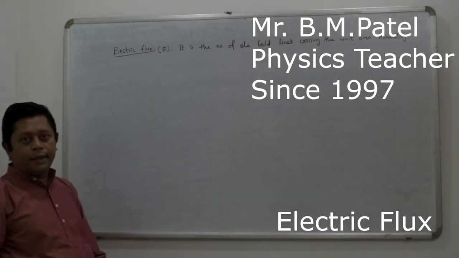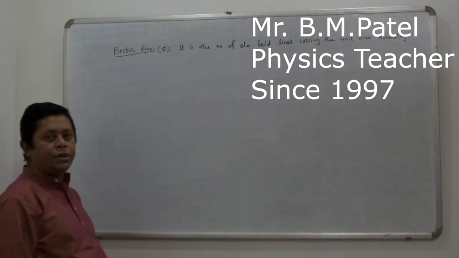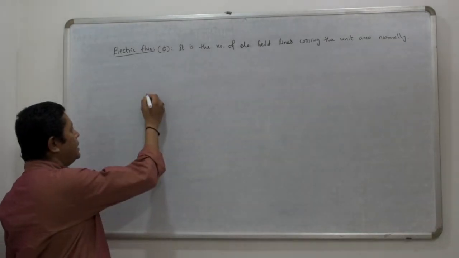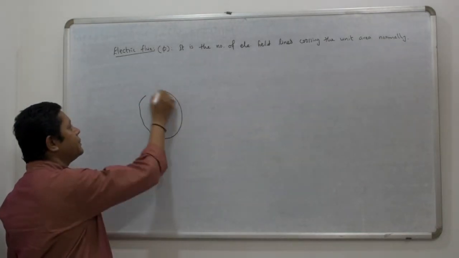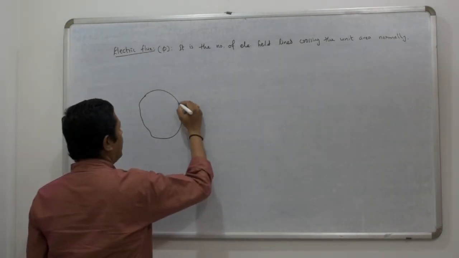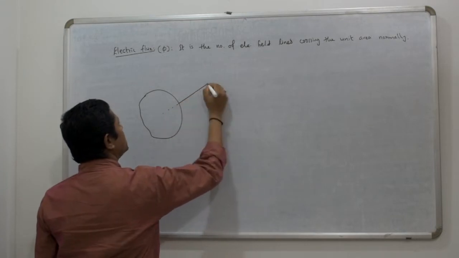Electric flux is defined as the number of electric field lines crossing the unit area normally. Let's consider any surface. Area is a vector quantity, and the area vector is always represented as normal to the surface.